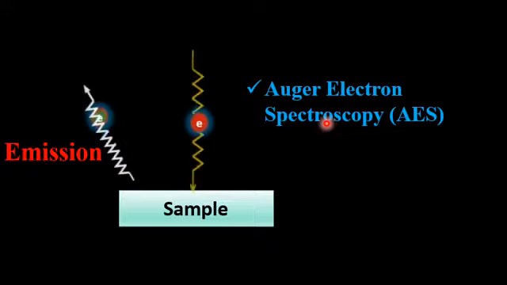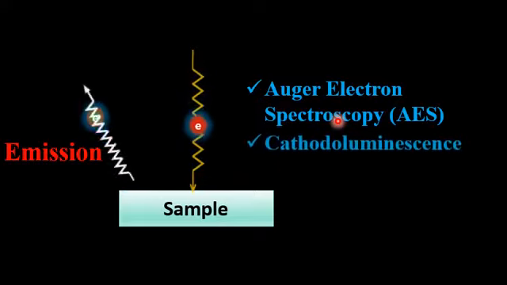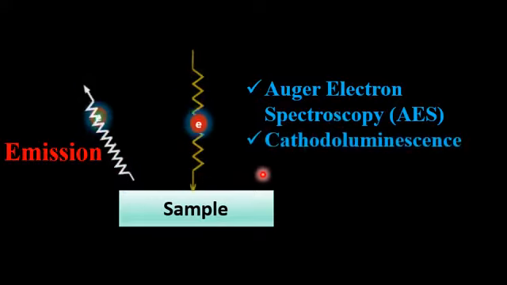However, the average penetration depth of the sample from which Auger electrons are emitted is around 5 nanometers. Another technique which is based on emission is known as cathodoluminescence. Cathodoluminescence is basically caused due to emission of electromagnetic radiation.